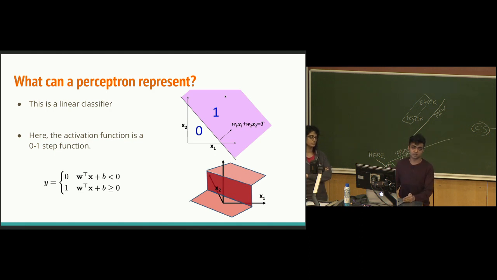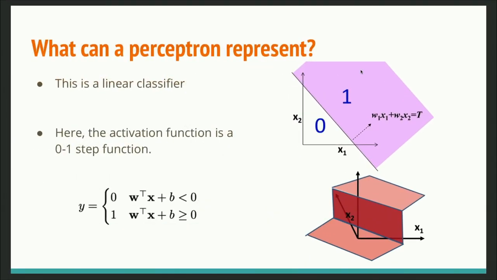And in higher dimensions, it is what is known as a hyperplane. So basically, a perceptron is a linear classifier. It draws a straight line, and on one side of the line, it classifies everything as 0, and on the other side, it classifies everything as 1. That's not very interesting. We want to have more powerful models of computation. So what can we do?